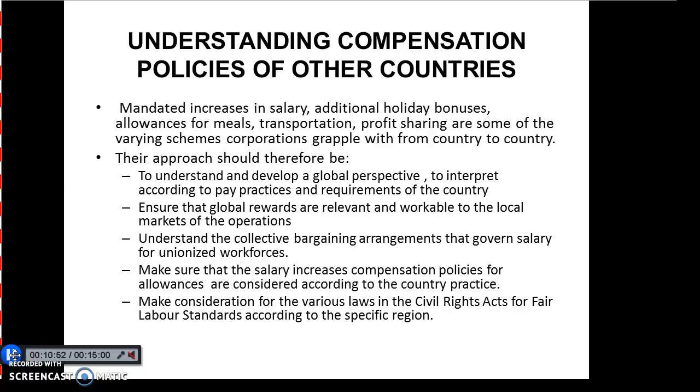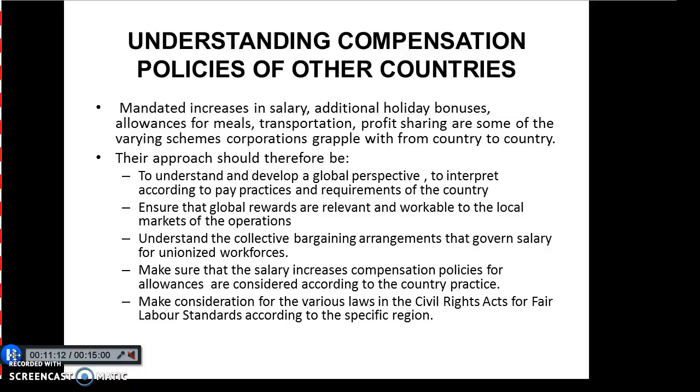Understanding then the compensation policies of other countries, I would say that mandated increases in salary, additional holiday bonuses, allowances for meals, transportation, profit sharing are some of the varying schemes corporations grapple with from country to country.